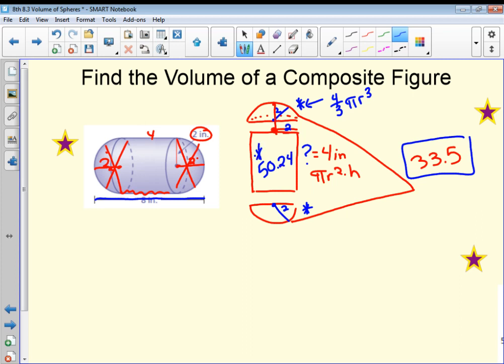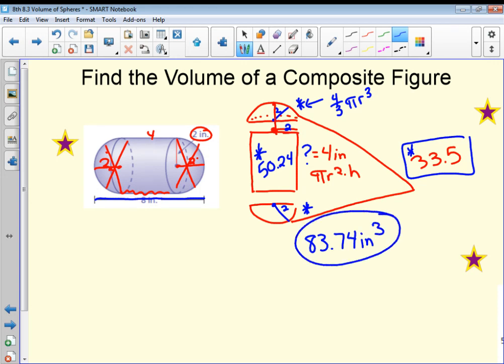Now we're going to add these two together. So plus 33.5 gives me a final answer of 83.74 or 0.7. Units were inches and it's volume, so it's cubed.